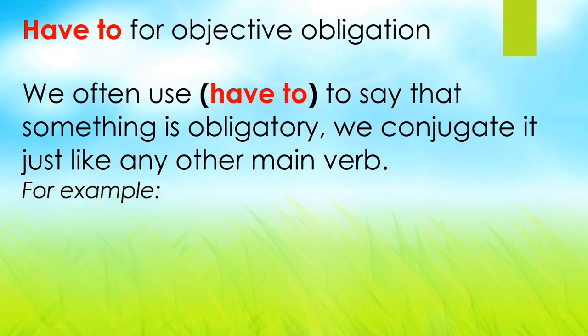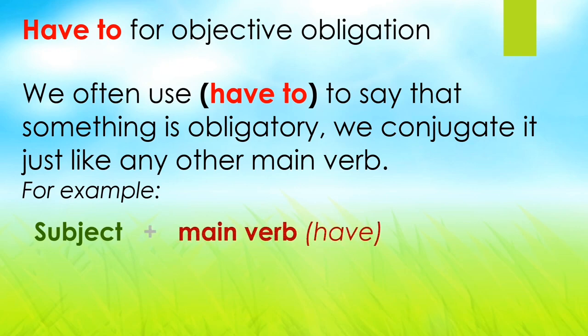For example, I have here the structure. Please remember so that you can construct the correct sentence. We have here the first one, subject plus the main verb have plus infinitive to.